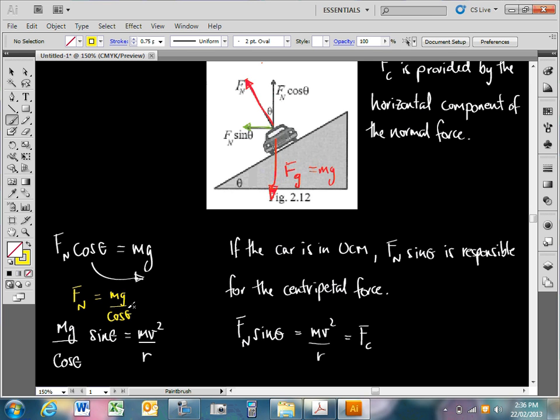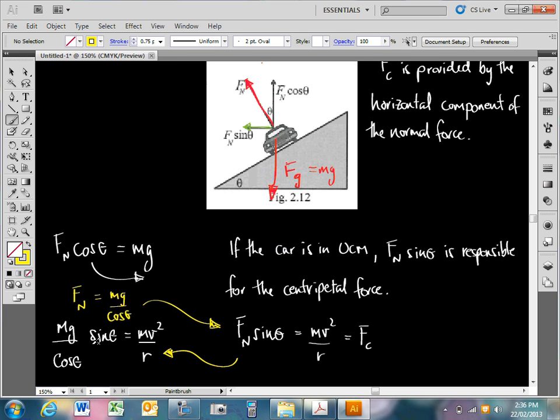Okay, that's the step in between. If that's what the normal force is equal to, can't I just sub that value in here? I sub it into that for Fn, and I end up with, I should have done them on top of each other. Sorry, the way I've done it.